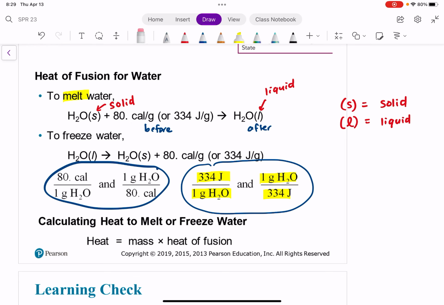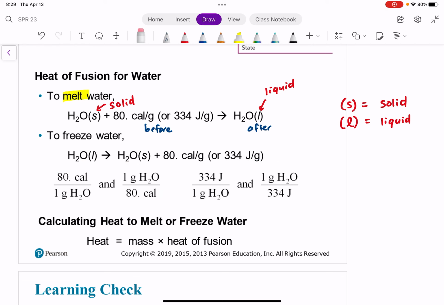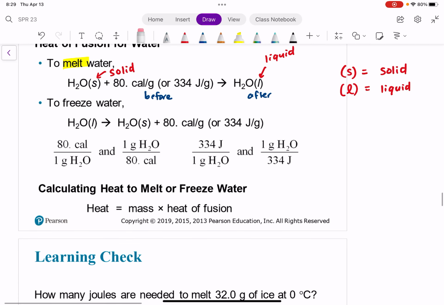That's your heat of fusion, expressed in those conversion factors. Just like when you're converting units, you can use your heat of fusion conversion factors to solve problems. And in fact, we're going to do that in just a second.